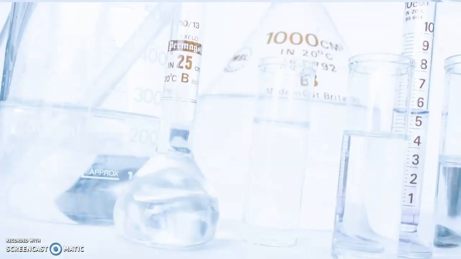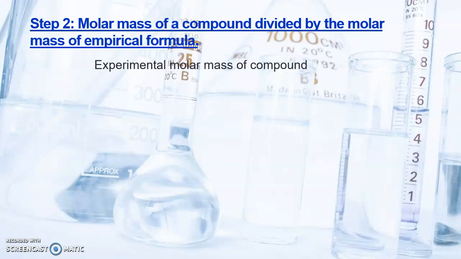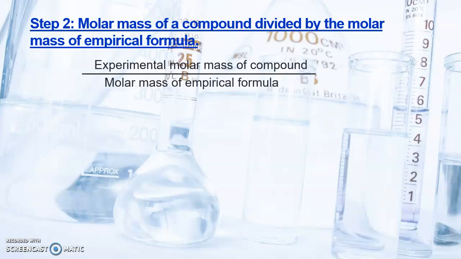What are we going to do next? Next step is the molar mass of the compound divided by the molar mass of the empirical formula. Or shall we call it the experimental molar mass of a compound, which is given in the problem, divided by the molar mass of the empirical formula that we computed previously.